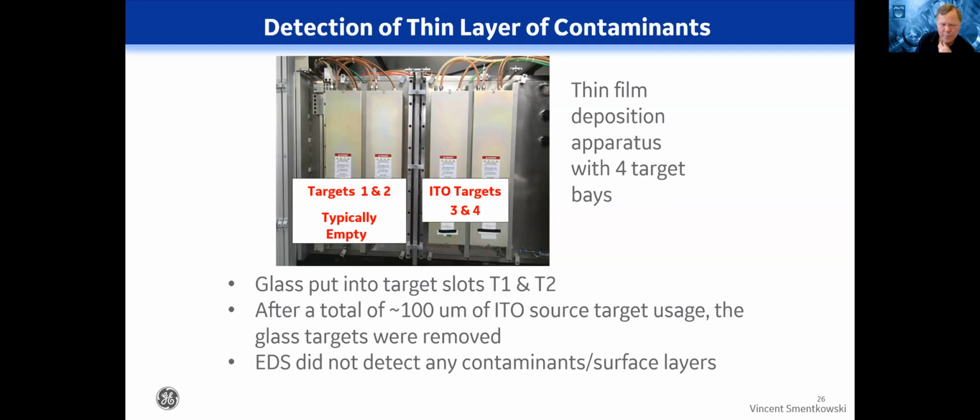So our colleague put glass into slots 1 and 2. They deposited about 100 microns of ITO from targets 3 and 4. The glass was removed. They started by EDS analysis, and the EDS said there wasn't any ITO present.